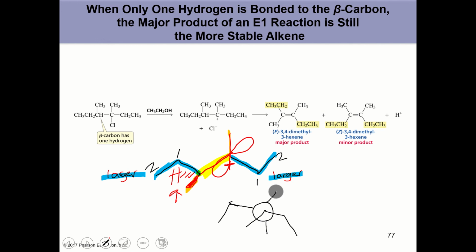On the back carbon, we have hydrogen and methyl. The hydrogen is shown as going back, so that would be over here.